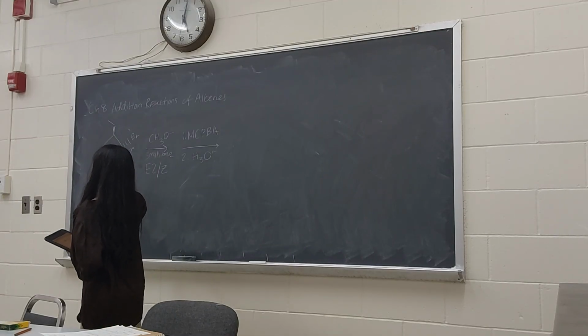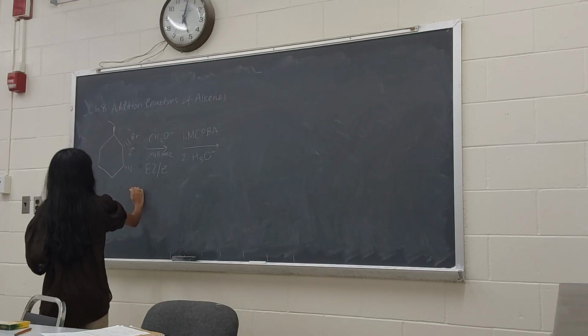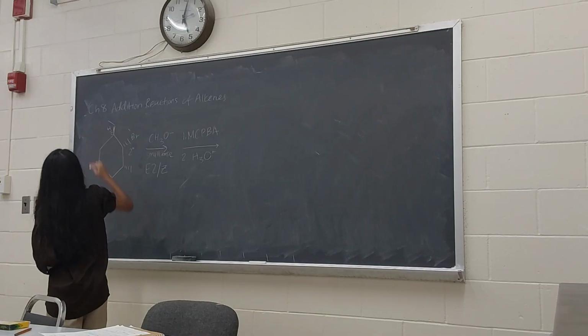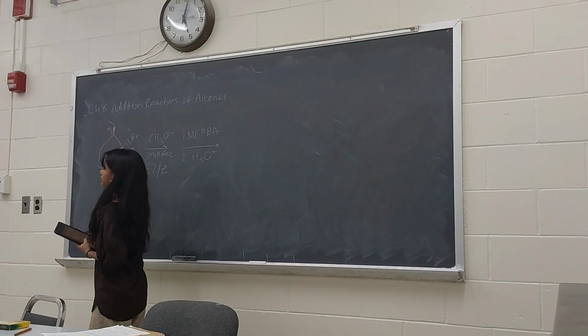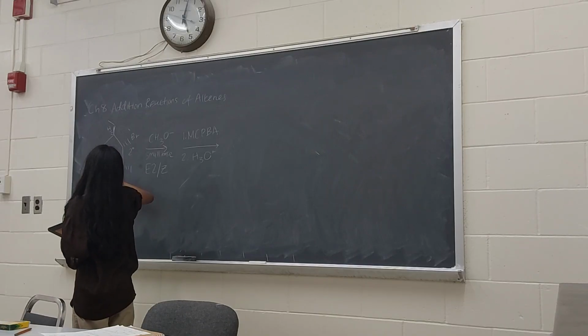But this is one of the exceptions I mentioned, the stereospecificity. In this case, the hydrogen here is on the dash, right? And that's the same, so we actually can't add here. We have to add here where the hydrogen is on the wedge, and opposite.